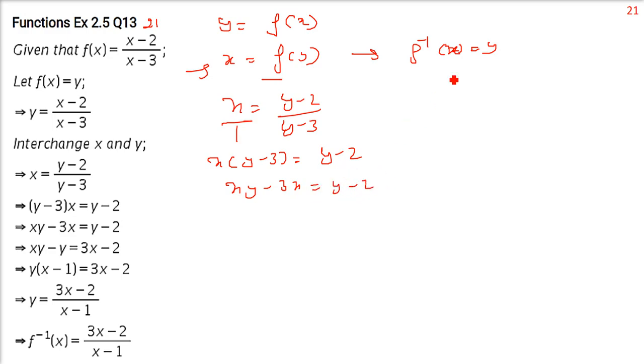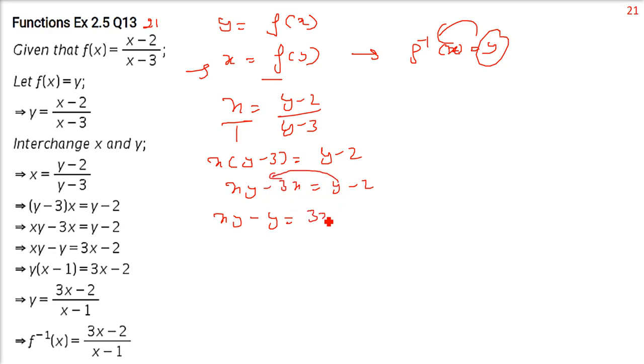Now I'm doing this correct thing, which I told you I would correct. So xy minus 3x equals y minus 2. Let us take x on one side and y on the other, because we have to find y. In onto, I told you that we wanted x, because we wanted to prove that for every y there is an x, for surjectivity. But here, because we are doing the inverse, we want y on one side, because eventually we are going to put y as f inverse x.